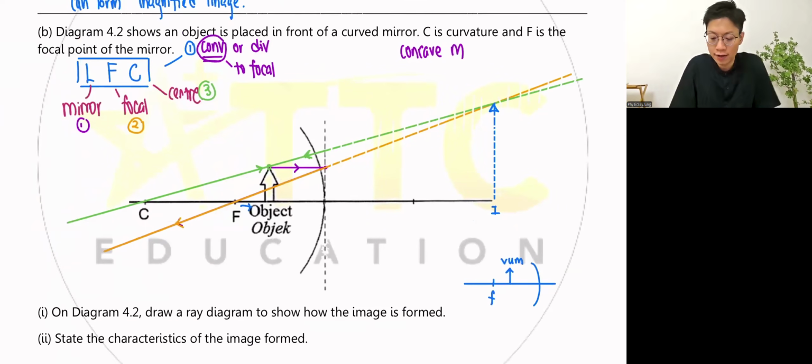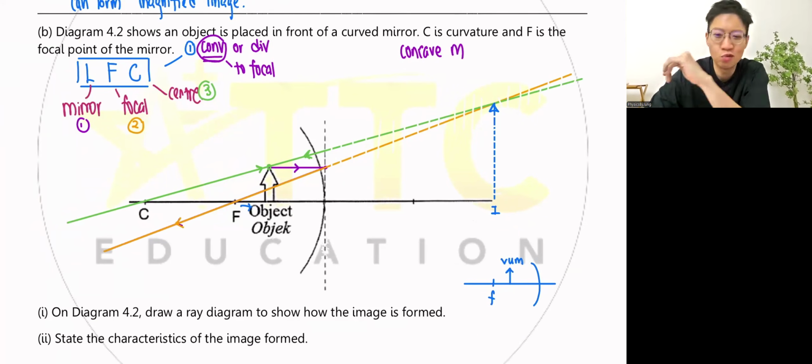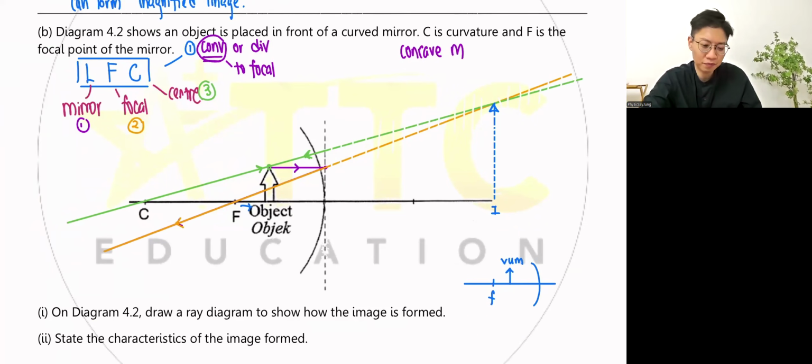Okay, can. So Damun, you asked me about drawing, right? If 3 marks drawing like this, is it very difficult? Not too hard, right? I also think okay, worth doing. Not too bad.